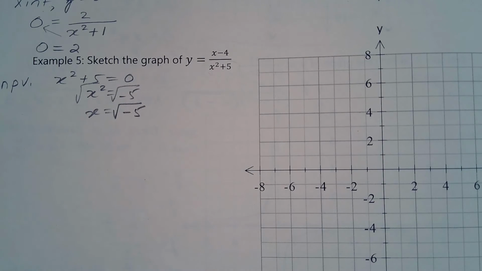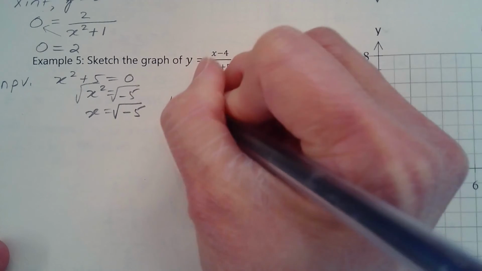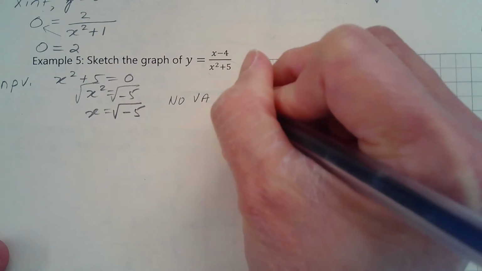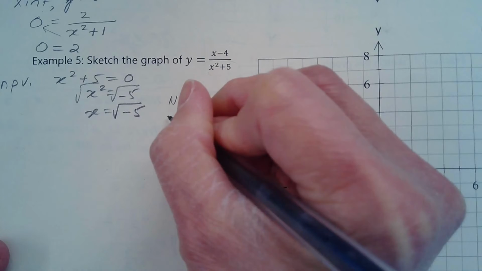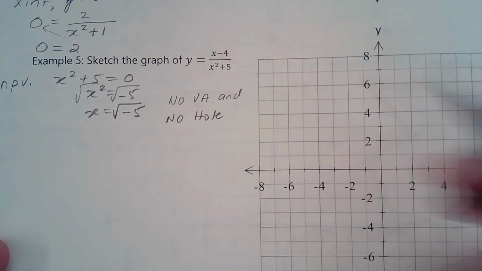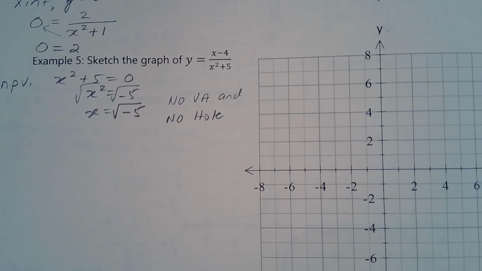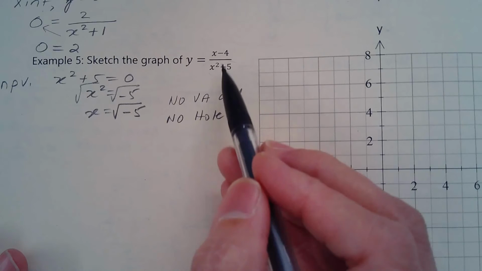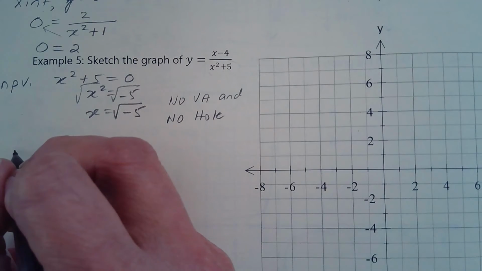No vertical asymptote and no hole. Good. Is there a horizontal asymptote? What do you think the horizontal asymptote is?